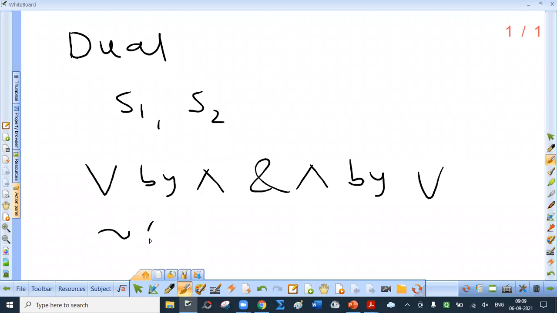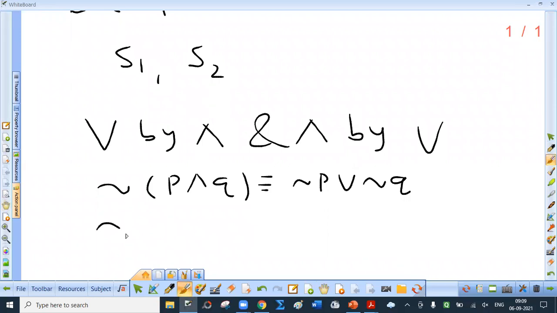For example, we have done this in set theory, De Morgan's laws. Negation of P and Q is negation P or negation Q. Now its dual will be what?